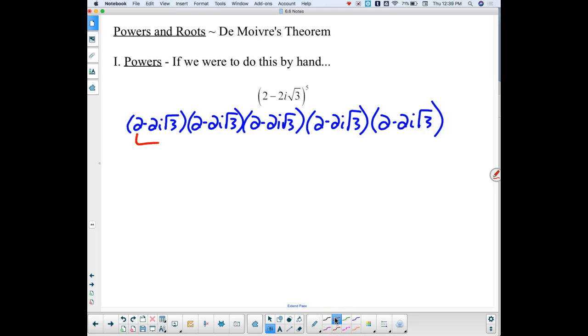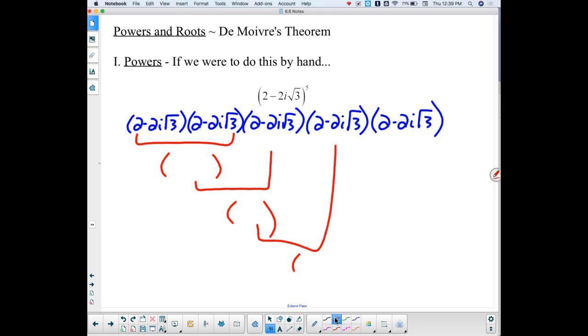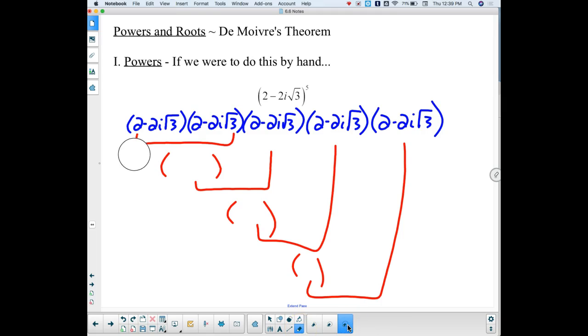So I'd have to do these 2, and then I'd get a binomial. And then I'd have to do these 2, and I'd get a binomial. And then I'd have to do these 2 and get a binomial. And then I'd have to do these 2, and then I finally get my answer. Because I can only do 2 at a time. Right? Okay? So that might not be the best thing for us.